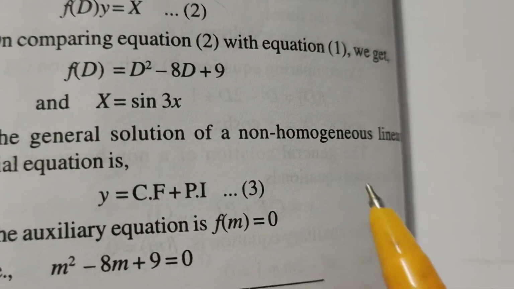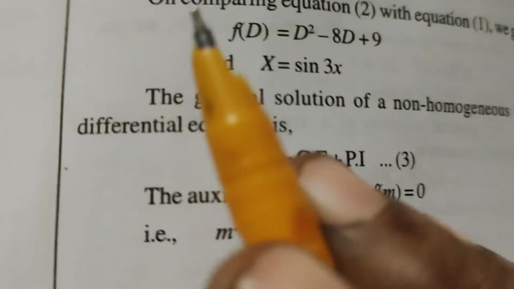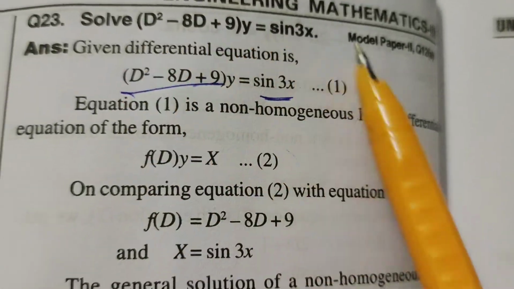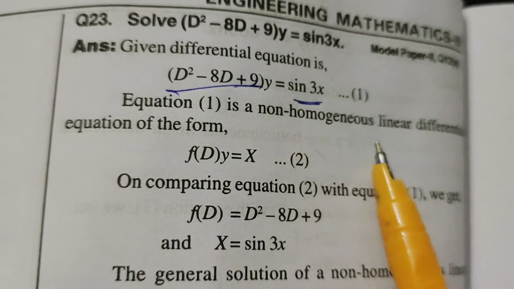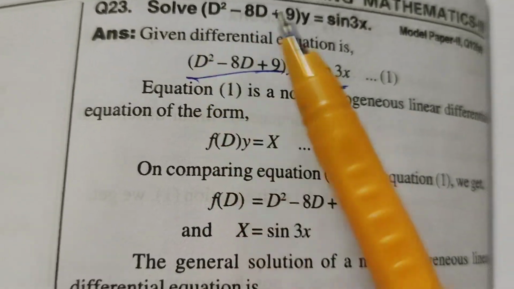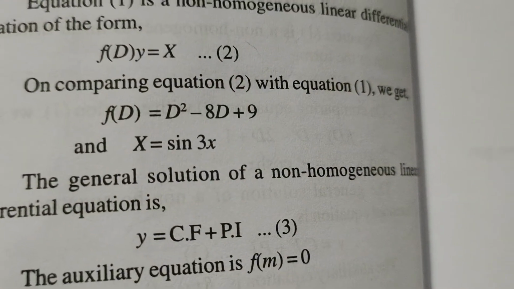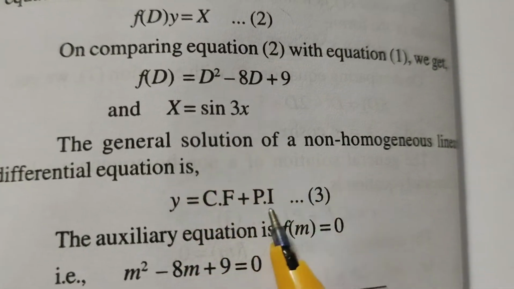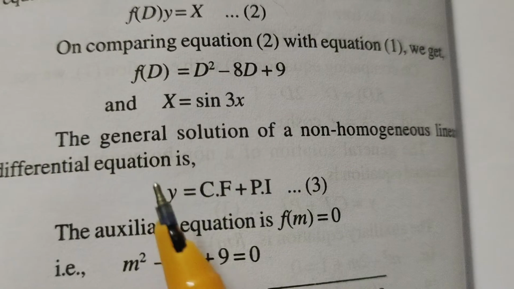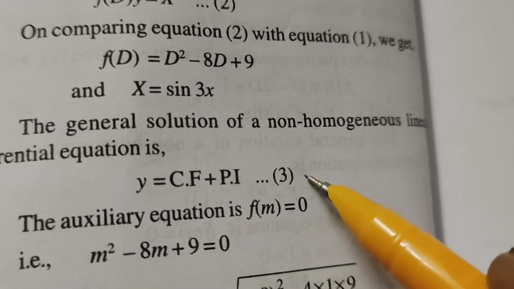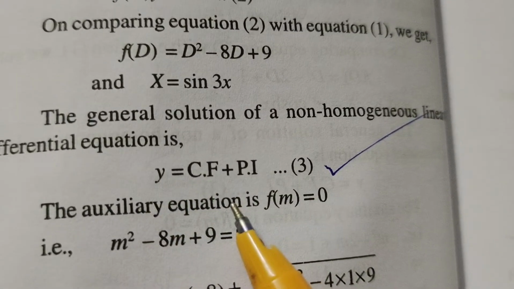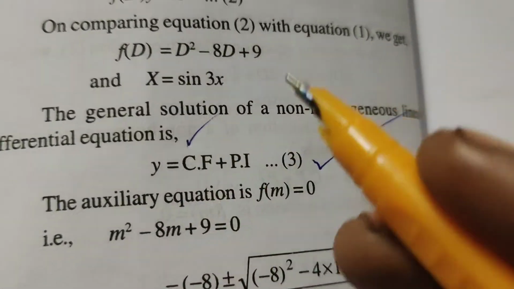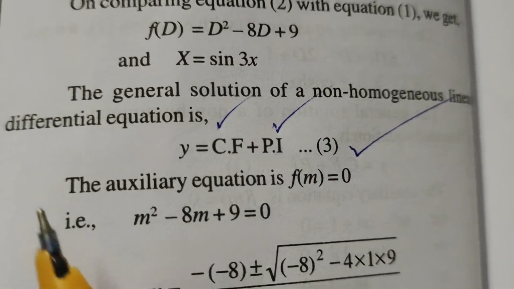This is the non-homogeneous linear differential equation, and capital D is the operator form in the differential equation. The solution of a non-homogeneous linear differential equation is y = CF + PI, where CF means complementary function and PI means particular integral.